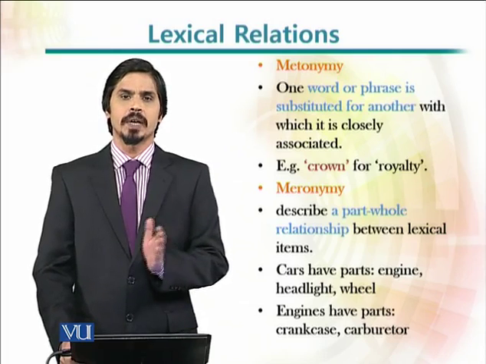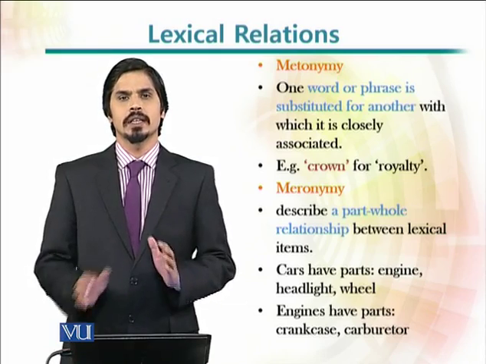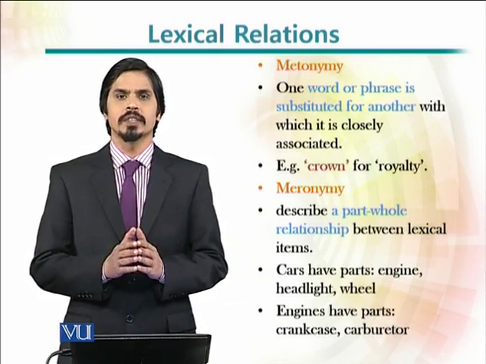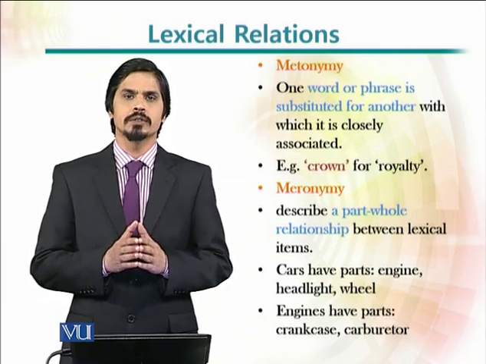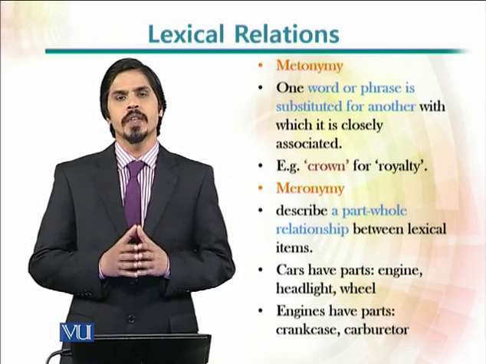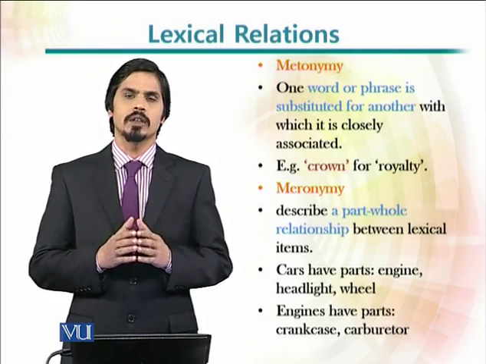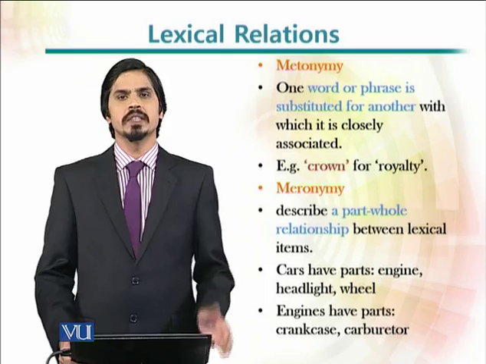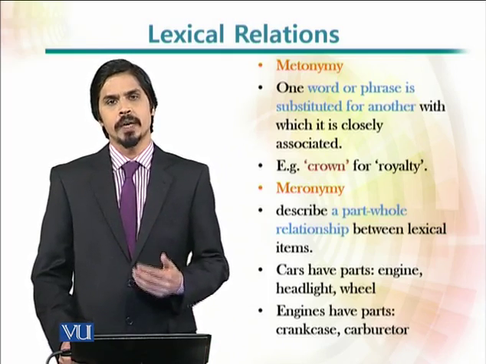Sometimes we use parts to describe the whole. For example, if the engine of your car is not working properly, you could say my car is not working properly, is out of order. So sometimes part is used to describe the whole, or on other occasions whole could be used to describe the part.